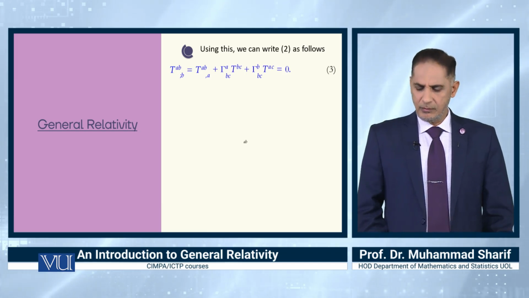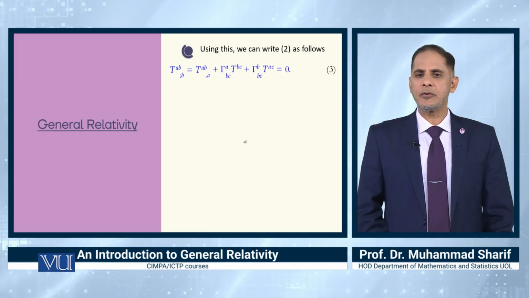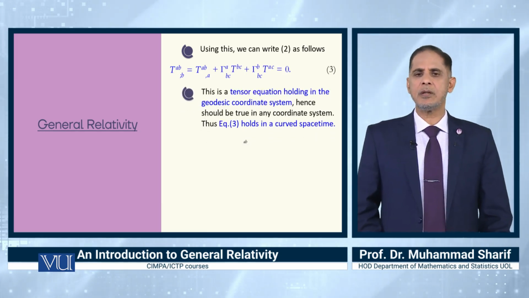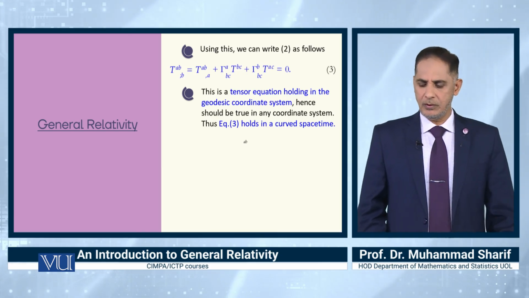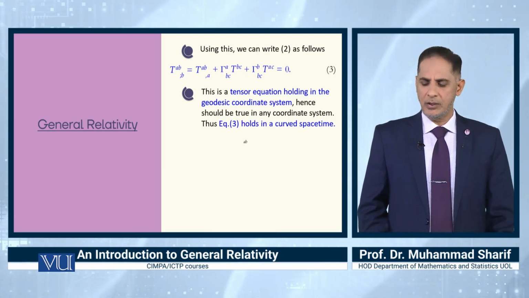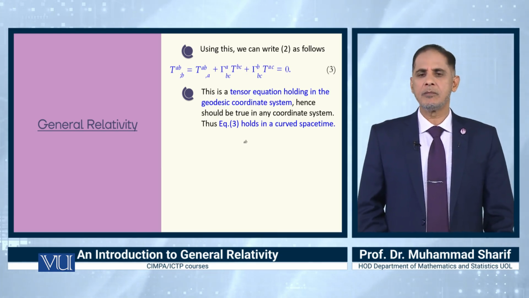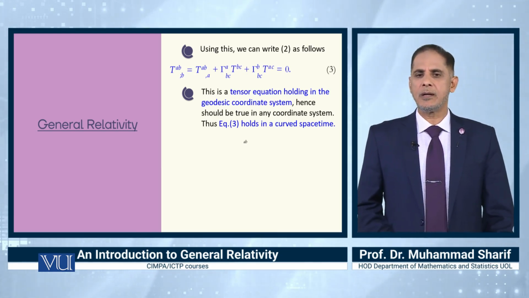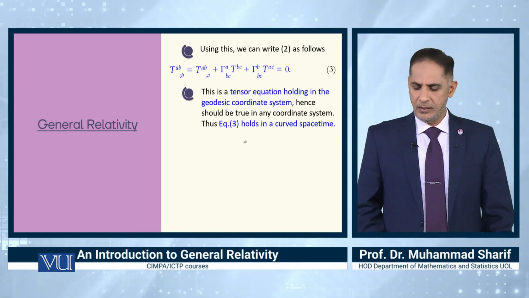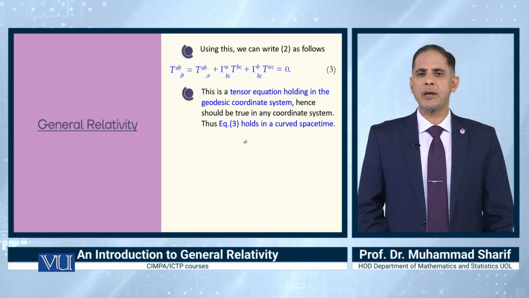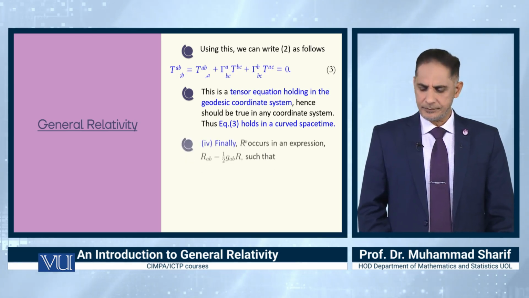So, this equation is also true in geodesic coordinates. So, if some equation is true locally in geodesic coordinates, we can extend this idea to any coordinate system, as the tensor equation is valid for any coordinate system. So, we can say that this equation 3 is true for a curved space time.